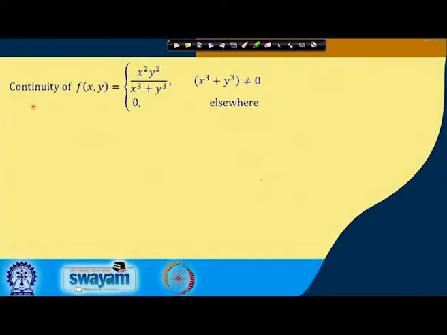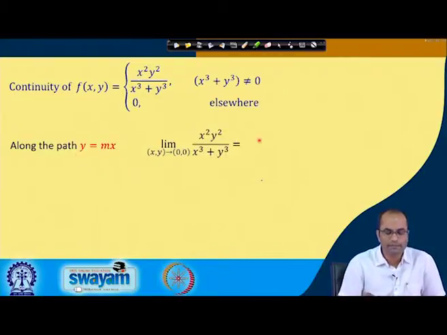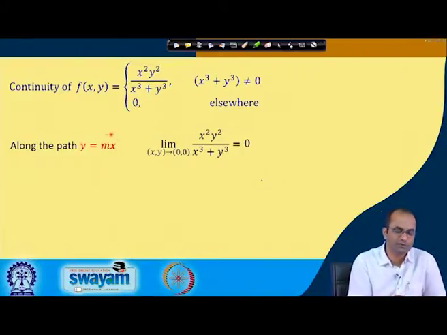So, if we look at the continuity of this function along the path y is equal to m x, or fixing theta, it is the same thing. We will get this limit as 0. So, we take y is equal to m x, or change to polar coordinates and fix theta; as we discussed, both are equivalent.